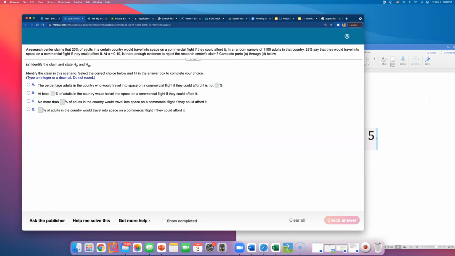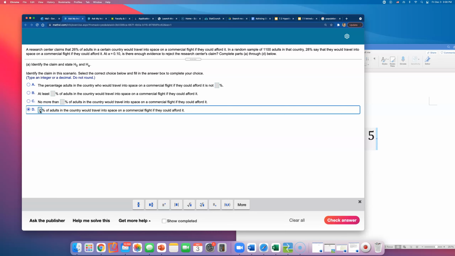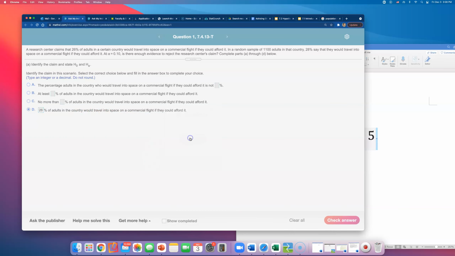So 26% of adults in this country will go to space if they can afford it. That's the claim being made.